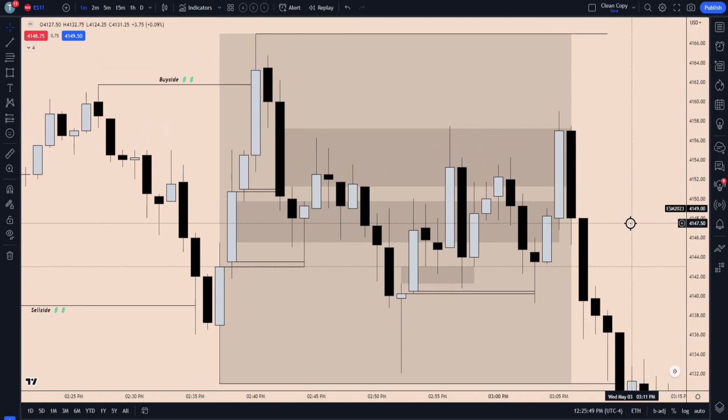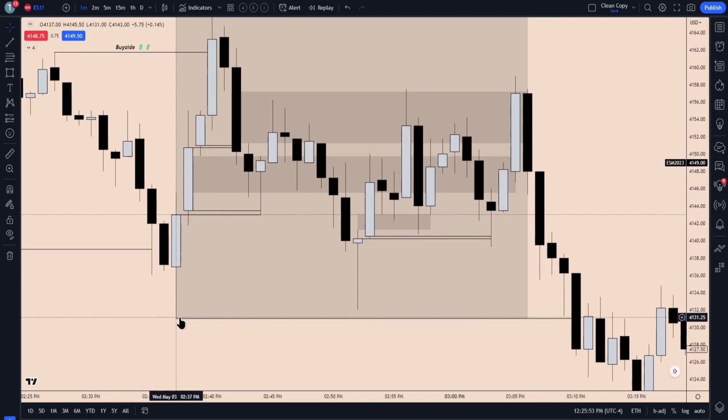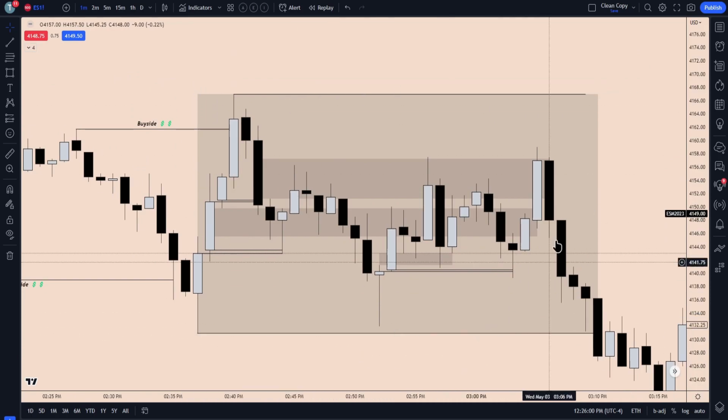And that's why from that point, price breaks lower and leaves that dealing range low. So at that point, we create the balanced price range. This whole area here is our balanced price range.